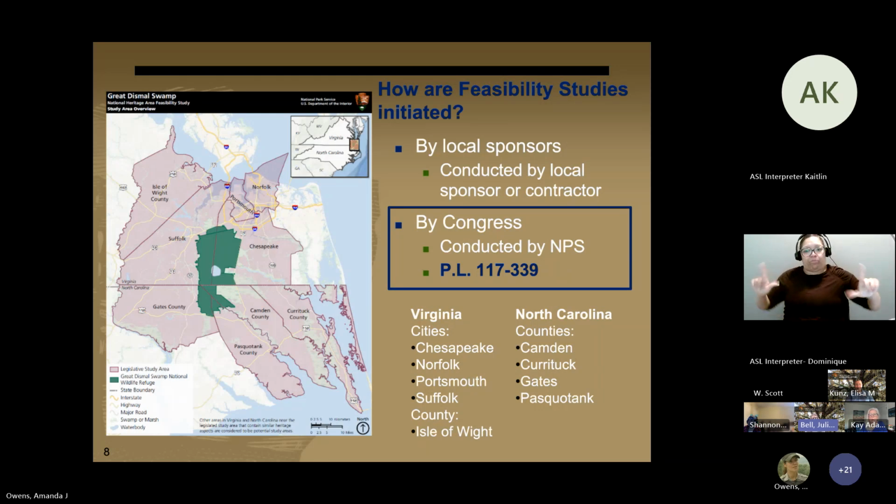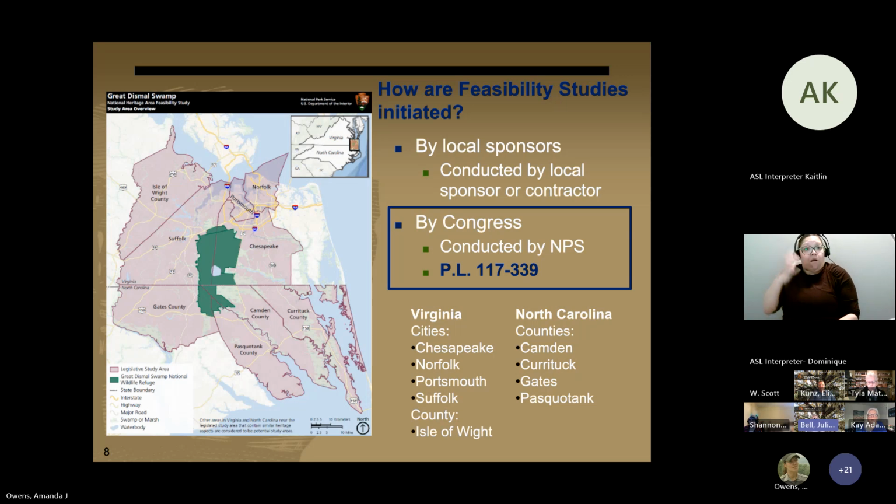So as Elisa mentioned, Congress is the one that establishes National Heritage Areas, but they also direct the National Park Service to conduct these feasibility studies, basically collecting information that we put into a report for Congress's consideration.